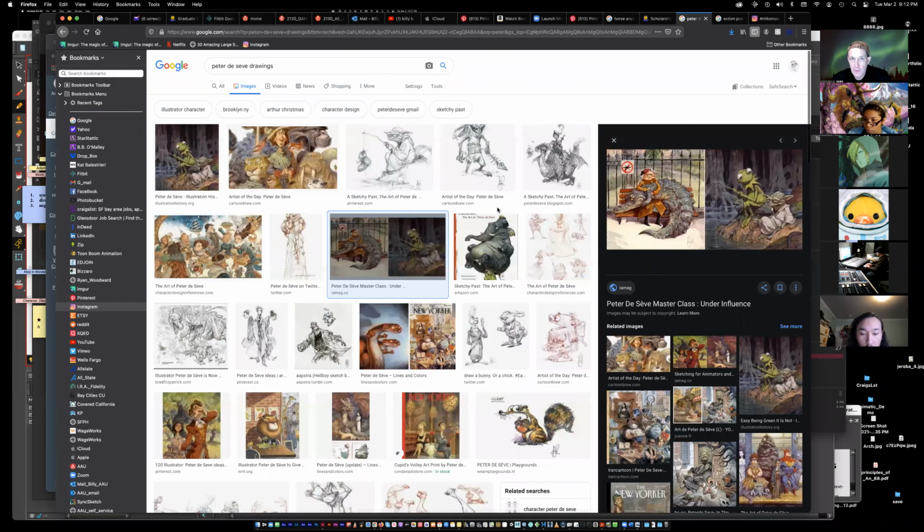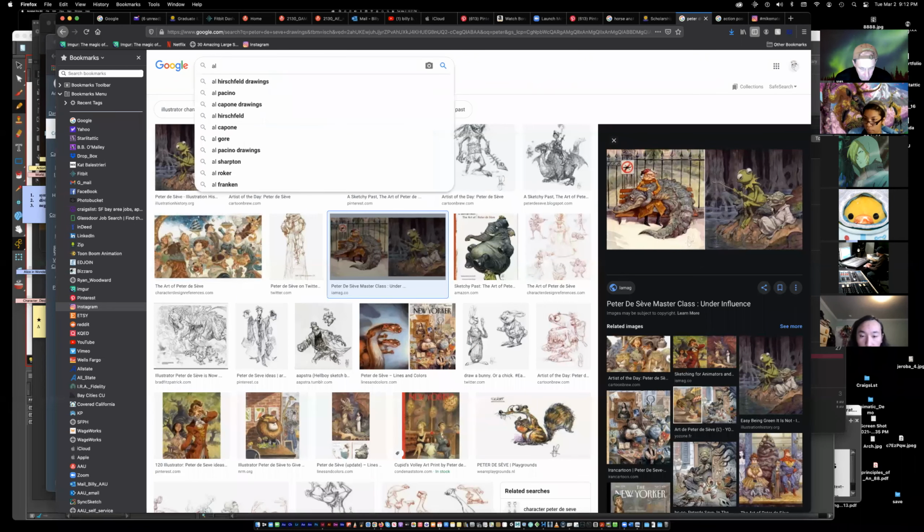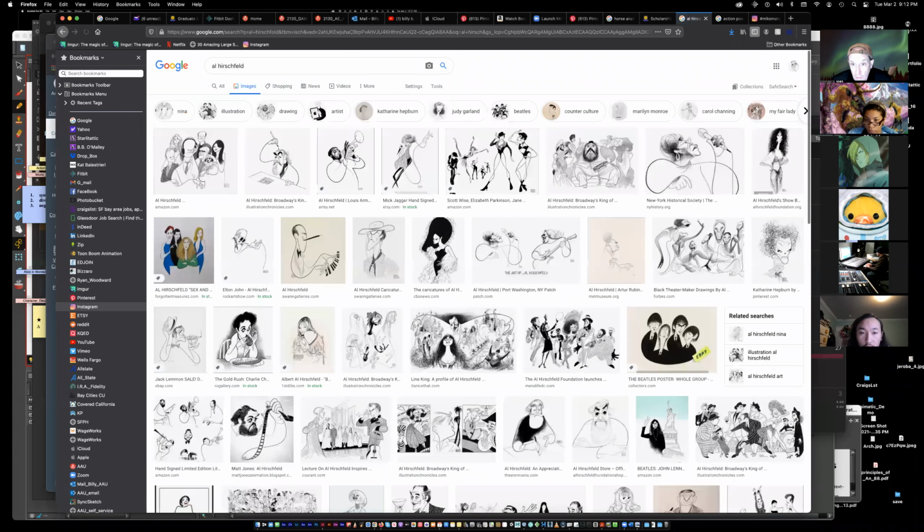Let's take a jump on things that are almost impossible to animate. And I don't know if you know this. This artist's name is Al Hirschfeld. He was in his 80s. I think he was almost 90, and he was still drawing when he died 10, 15 years ago or so.